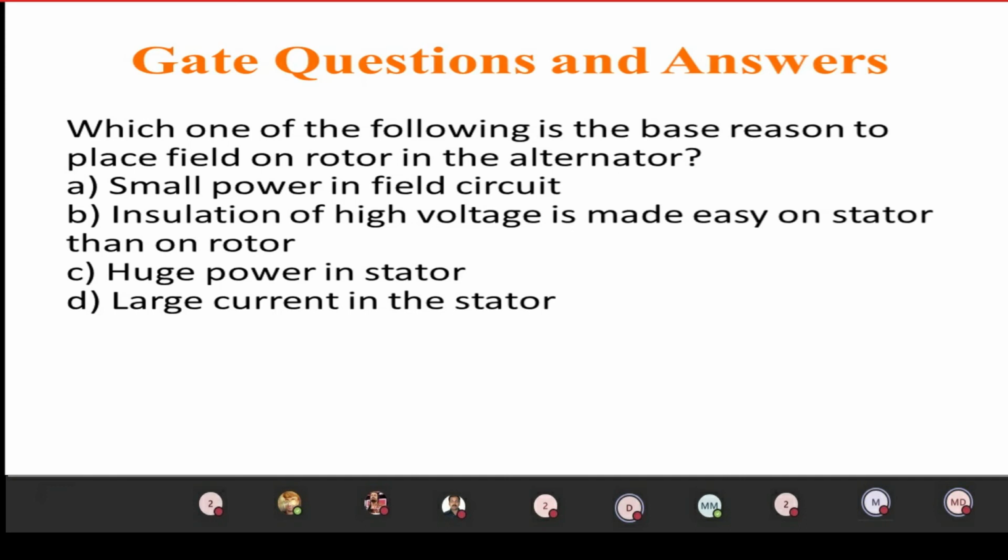Large current in the stator also is no problem, but the main problem is high voltage insulation, because we cannot provide high grade insulation in the rotor due to the centrifugal force problem. It is affected.